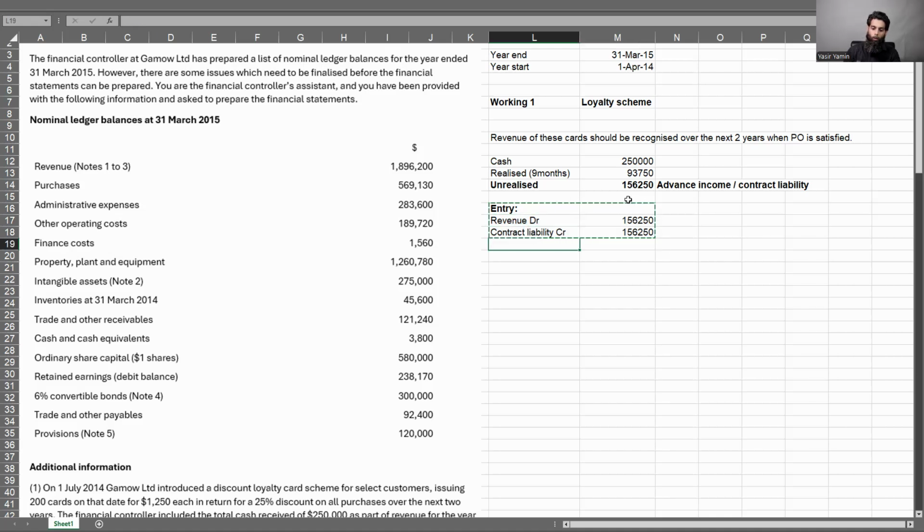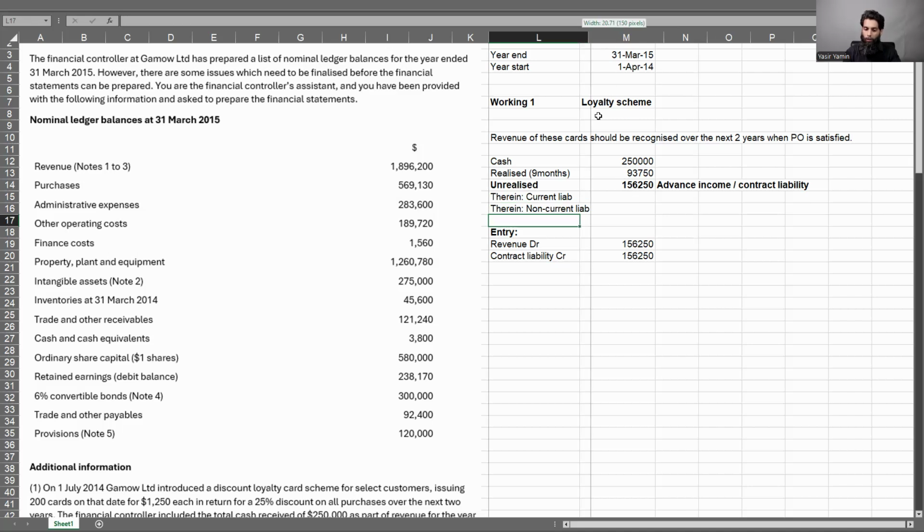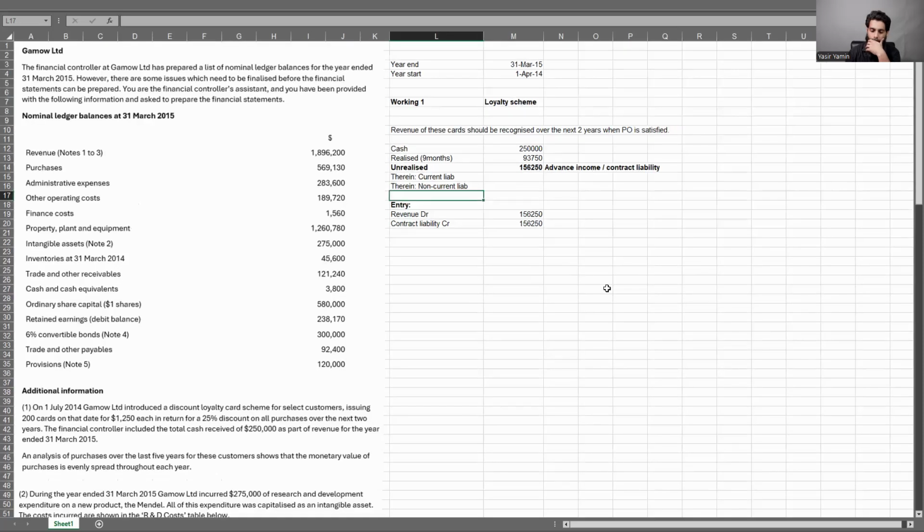I want to ask you one more thing. Our contract liability or our advance income is 156,250, that's for sure, right? This we need to show as our liability. If I were to ask you what is the breakup of 156,250, what is current liability and what is non-current liability, can you guys tell?